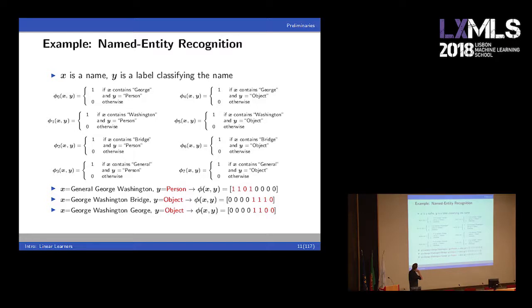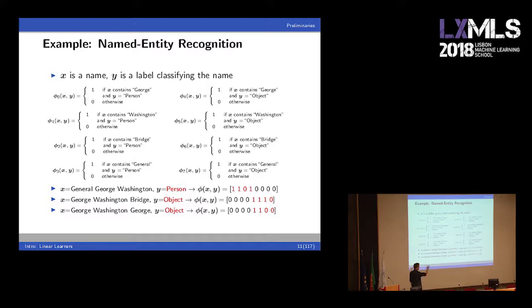Then named entity recognition. The goal here is to identify parts of texts and classify them into, for example, the named entity person or named entity object or building.